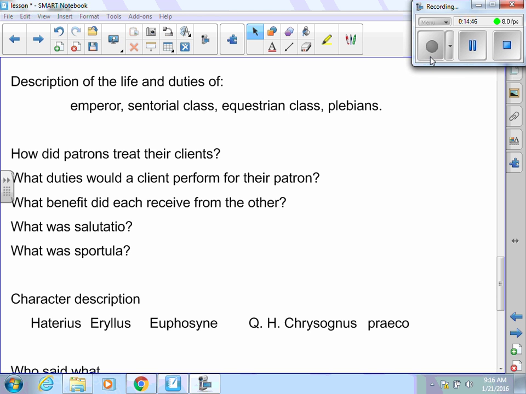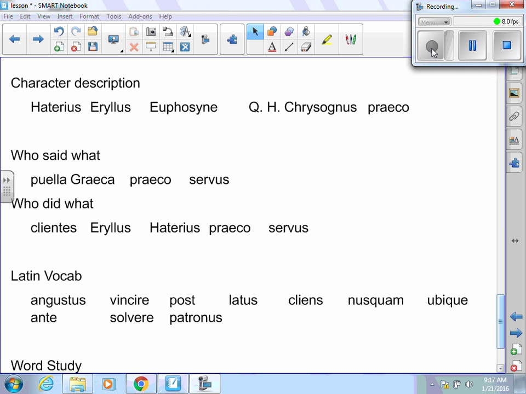Characters from the story that you're going to have to identify descriptions for. Haterus, Aurelius, Euphrosyne, Chrysogonus, Pryco. Who were these people? How would you describe them? Haterus is, of course, the patron in this particular chapter. He has patrons as well, but he's a patron in this particular chapter.